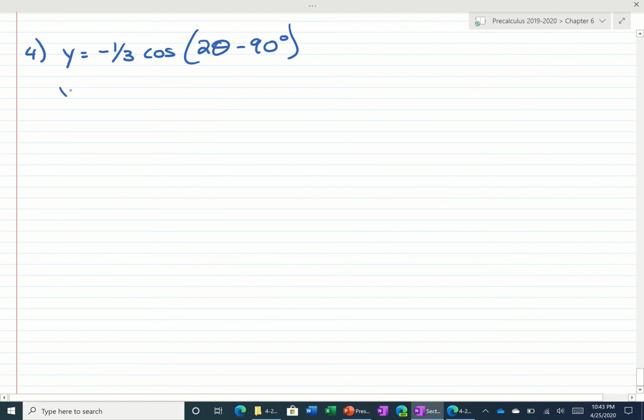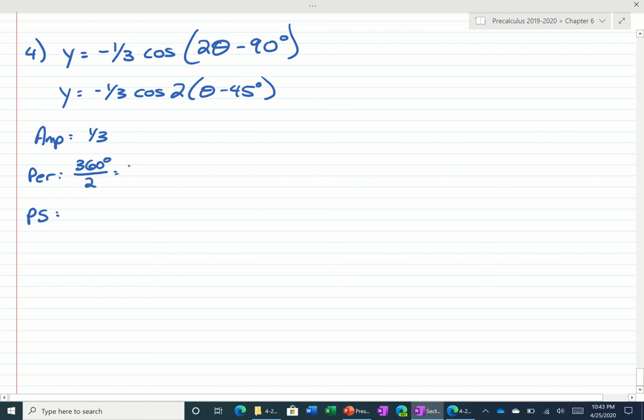All right, first thing we have to do is get theta by itself, and we'll figure out the amplitude, period, and phase shift. The amplitude would be 1/3. The period is normal divided by 2. Phase shift is going to be 45 degrees to the right.